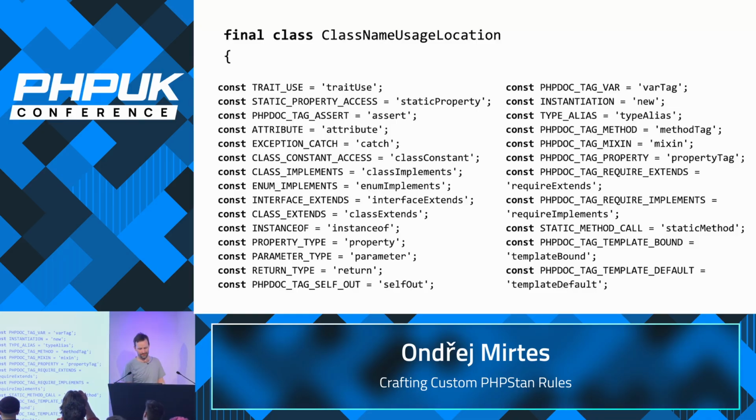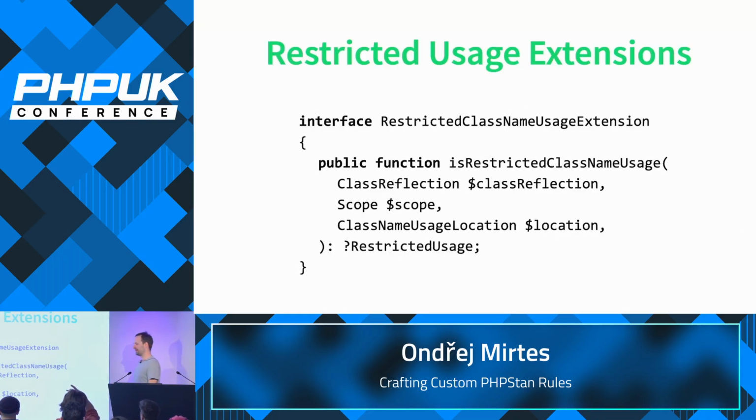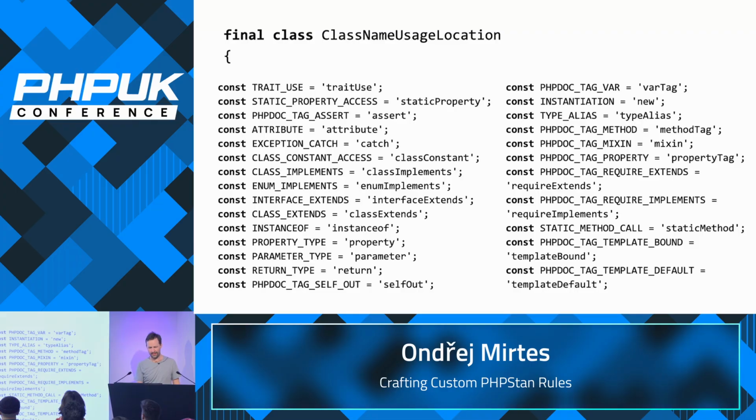So if you want to restrict where a class can be referenced from, for example, because it's deprecated, because you are not supposed to use it, you can implement this interface. And besides referencing all the places, this class can also make it easier for you to create an error message and an identifier for all these places without hard coding all of these places in your extension.